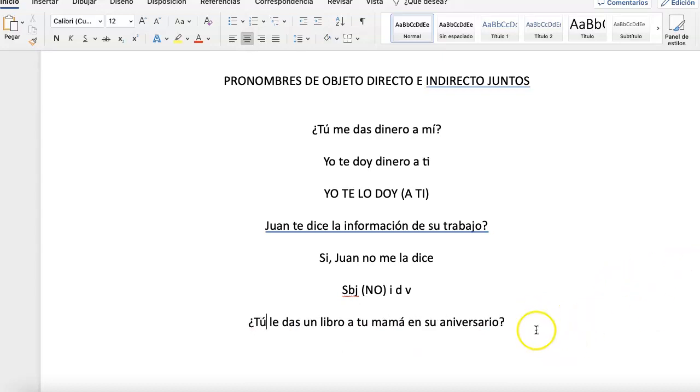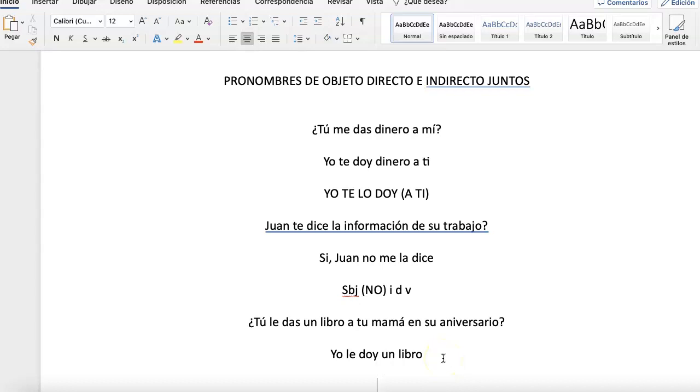Tú, it's gonna be yo, right? Yo, indirect, le doy un libro. The rest is not important. Here you have the subject, indirect, verb, and the direct object.